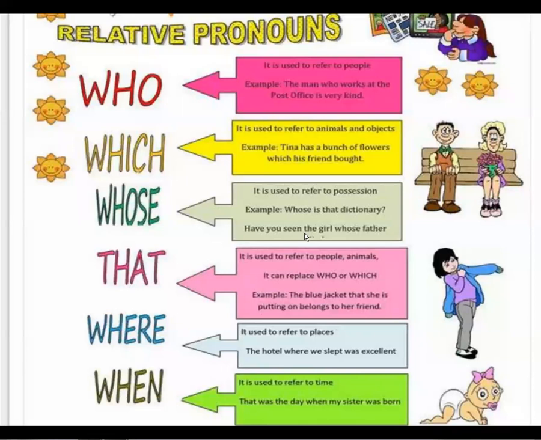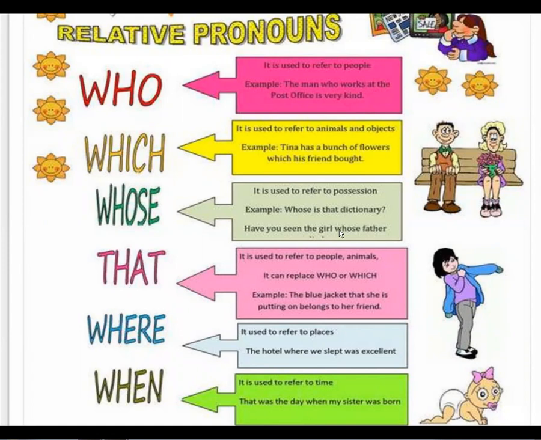they link two sentences. For example, she is the girl whose father is a doctor. Father is a doctor, and she is the girl. These are two sentences, and whose is the relative pronoun that we are using in the middle to join those two sentences. So it functions as a conjunction, you can say, right?